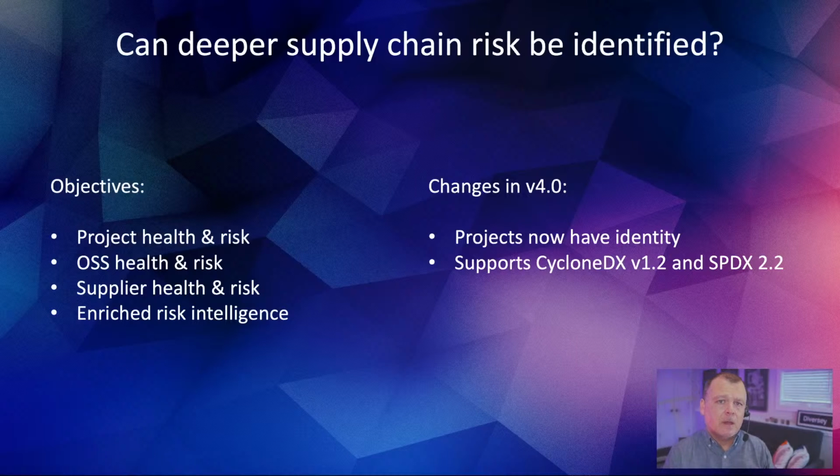We also added SPDX 2.2 support, but CycloneDX 1.2 support will give us the data necessary to do some of these other things in the future. So yeah, CycloneDX 1.2 and SPDX 2.2 support are now included with Dependency-Track 4.0.